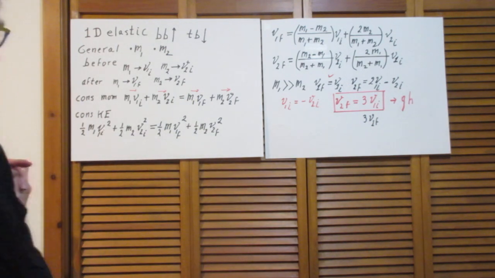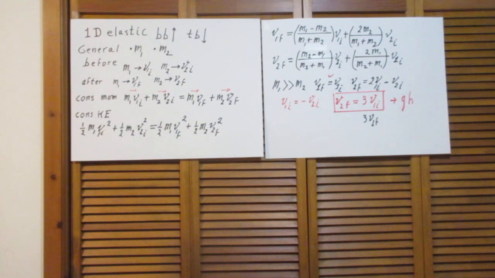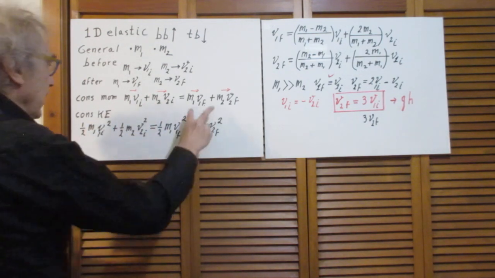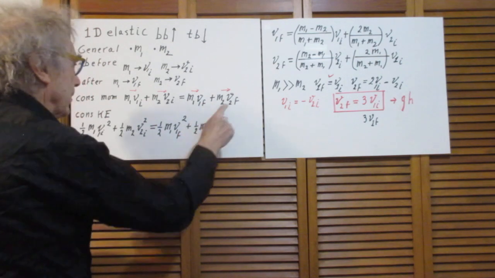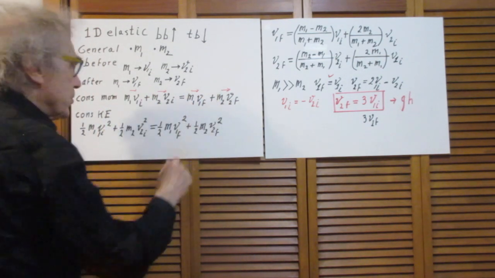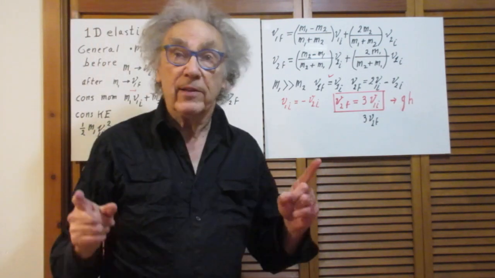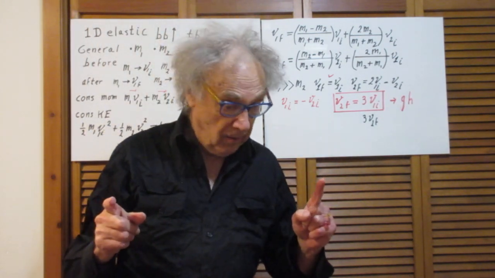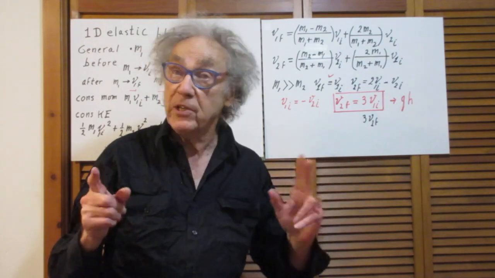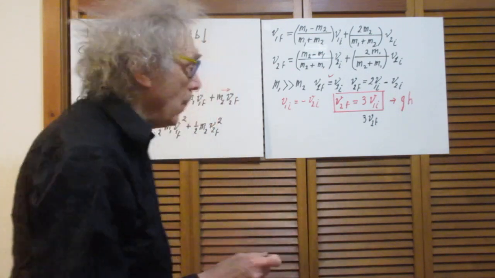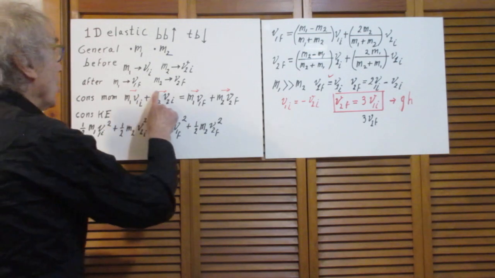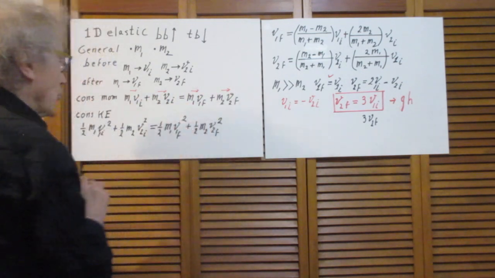Here comes the conservation of momentum. This is the momentum before the impact, notice the I's. This is the momentum after the impact, notice the F's. I put here arrows to remind you that it is of course a vector equation. Conservation of kinetic energy is not a vector notation. So these are vectors, but in what follows I will remove the vector notation.